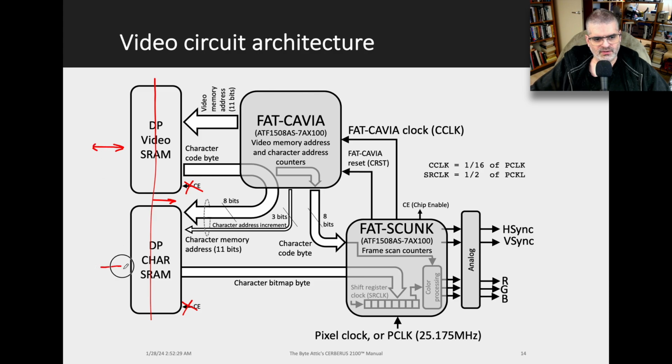And because the right side will be disabled, there will be no pauses issued when the same address is being accessed from both sides. No address will be accessed from the right side because it is chip disabled. So it speeds things up a little bit. That's the purpose of this signal produced by Fat Skunk, because it is Fat Skunk that has the counters that know when we are in the blanking interval.